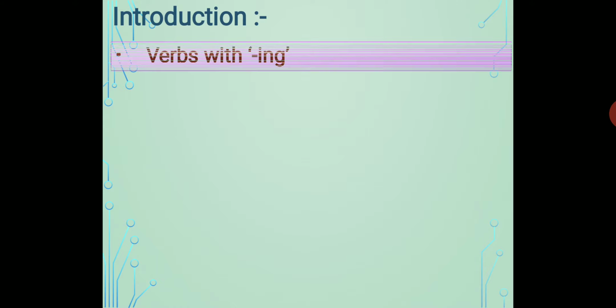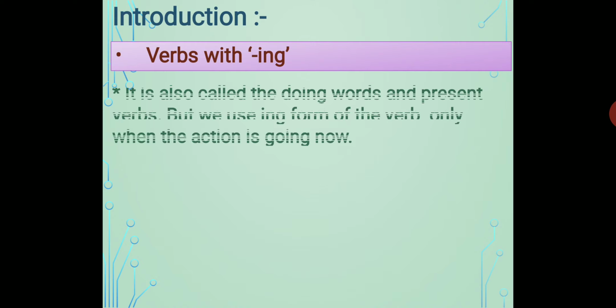Now, today's topic, introduction. Today we are going to start the new form of the verb with ing. What are the verbs with ing? It is also called the doing words and the present verbs, same as the action words, which we use with s, es and is.